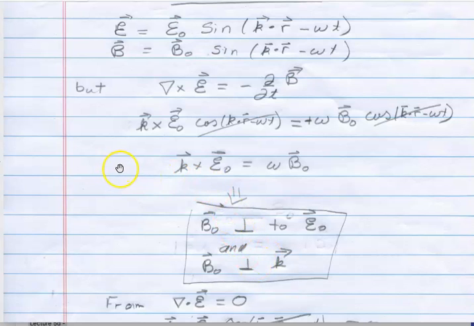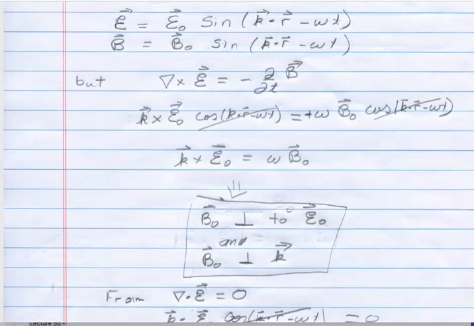Likewise, I can dot it with E, and this side vanishes because this vector k cross E is perpendicular to E. When I dot it with E itself, the dot product vanishes, and so E dot B is equal to 0, and so B naught and E naught are both perpendicular as well.